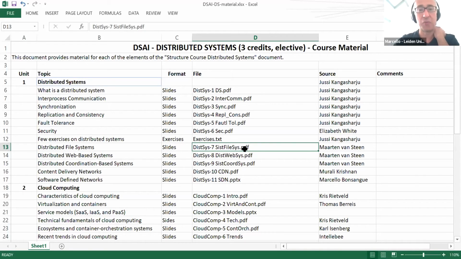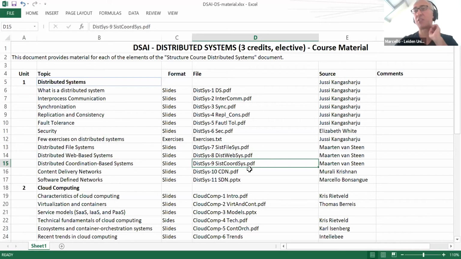But we think that if one has time, one could also try to handle, for example, distributed coordination systems and distributed web-based systems. So this could be an optional set of slides. The 8 and 9 are optional, but they can be treated. They are not very complicated, and they just give more information.